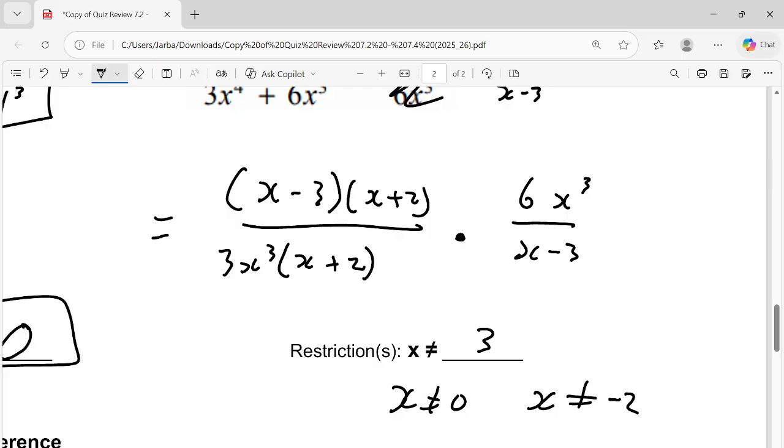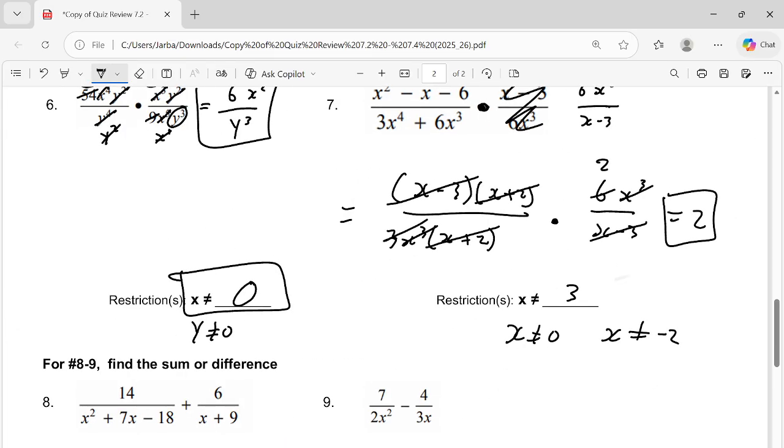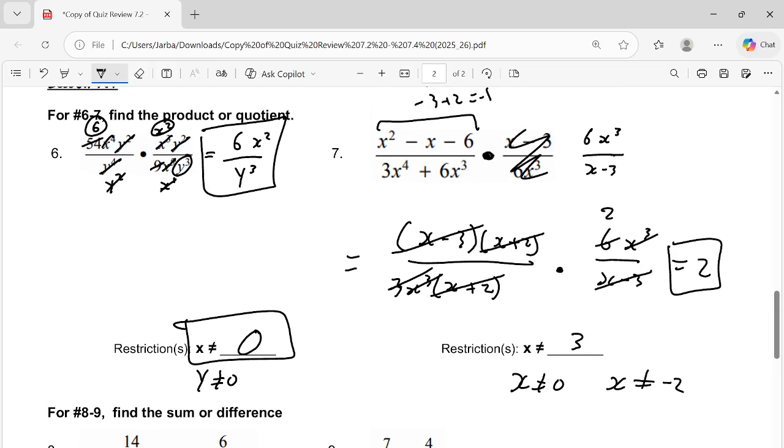But now I think that we can do some cancellations. So it's x plus 2 and x plus 2 will cancel. It's x minus 3 and x minus 3 will cancel. This x cubed will cancel. And this 6 and 3 will cancel to leave it just a 2, because 6 divided by 3 is equal to 2. So all in all, we have 2, but we have a bunch of restrictions, right?